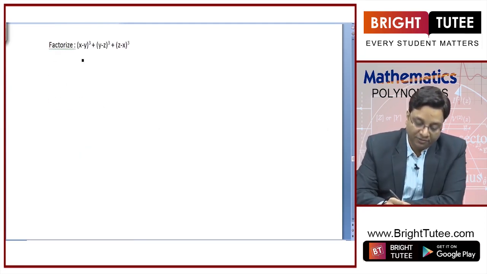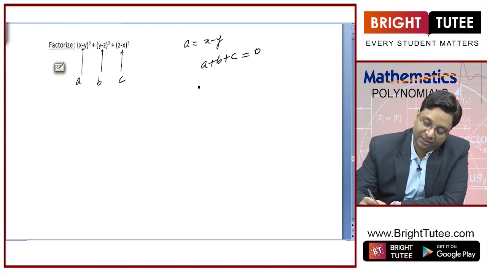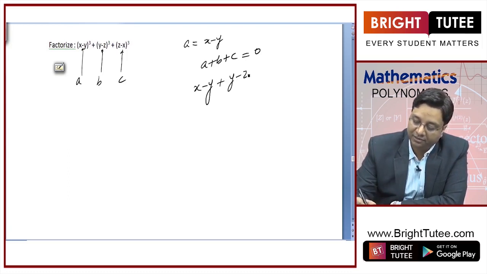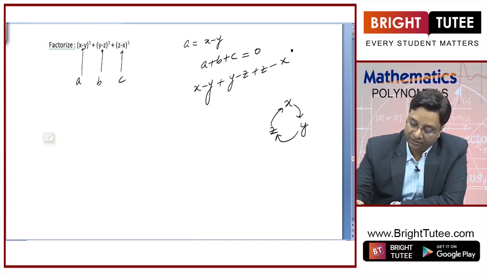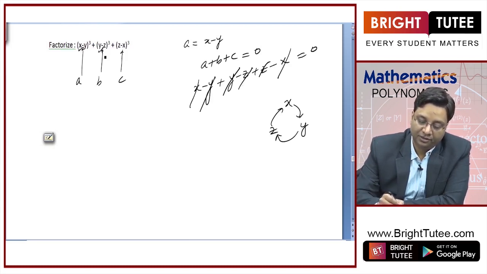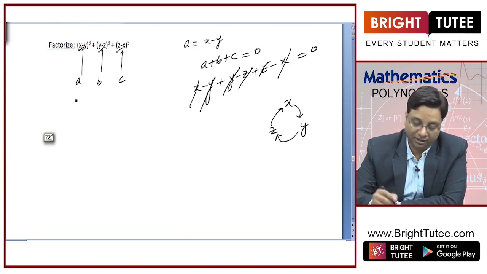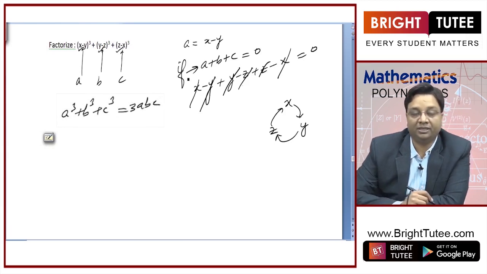Now look at this question. If you look inside the bracket, let us say a is equal to x minus y, this is a, this is b, this is c. Now if you add a, b and c, it will give you 0. Why? Because these are in cyclic order: x minus y plus y minus z plus z minus x. If you add these, all of these terms will cancel out, leaving 0. So a plus b plus c is 0, and a cube plus b cube plus c cube will be equal to 3abc if a plus b plus c is equal to 0.